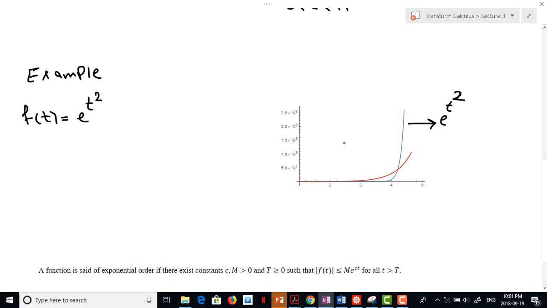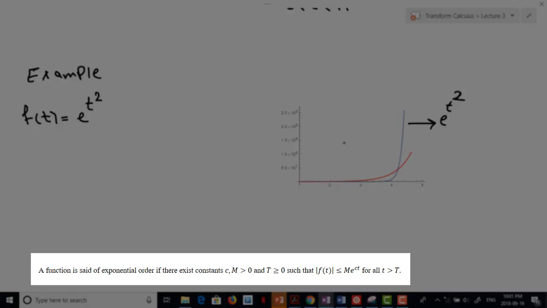So, based on the definition that we have, you have to give me one set of c, M greater than 0 and T capital greater than or equal to 0, such that f(t), which is e to the power of t squared, is less than or equal to M times e to the power of ct.